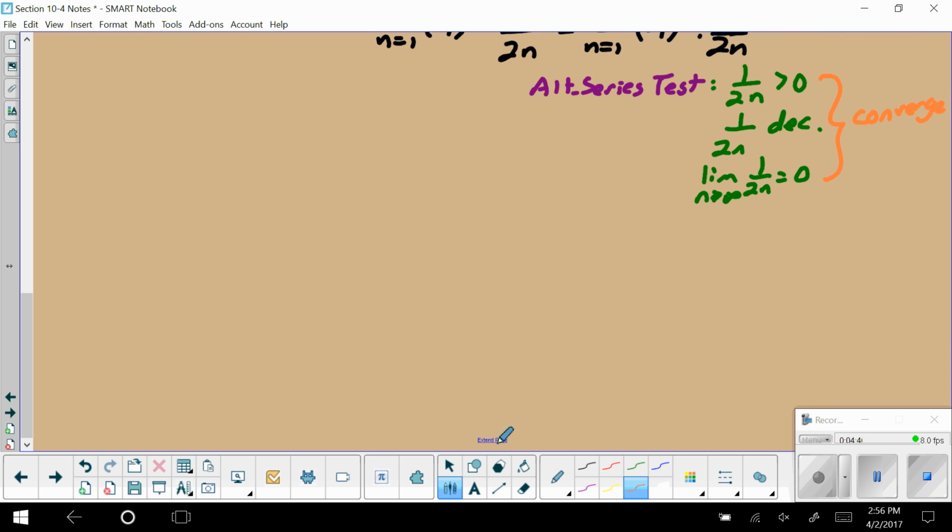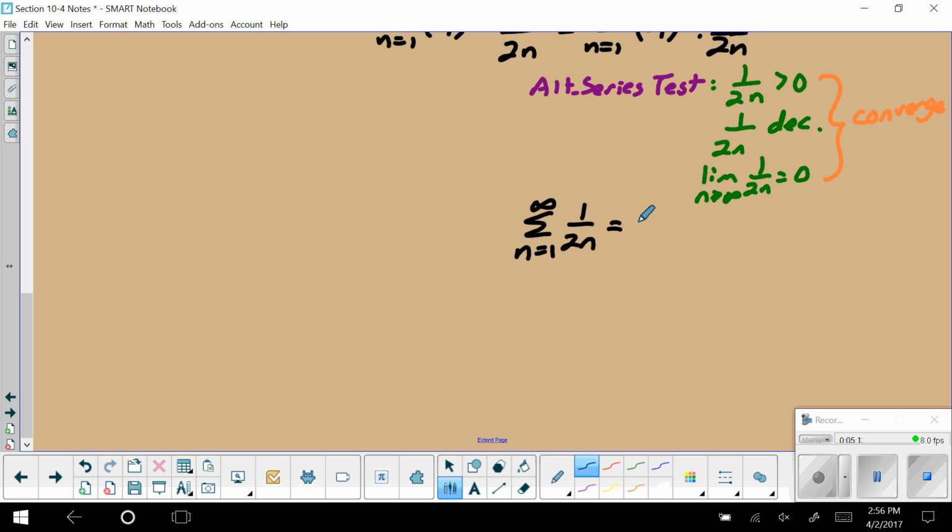To check if it's absolute, I look at the series from n equals 1 to infinity of the absolute value, which means I don't need the alternating part, so it's 1 over 2n. I could use limit comparison, or rather, I have a 1/2 I could take out.